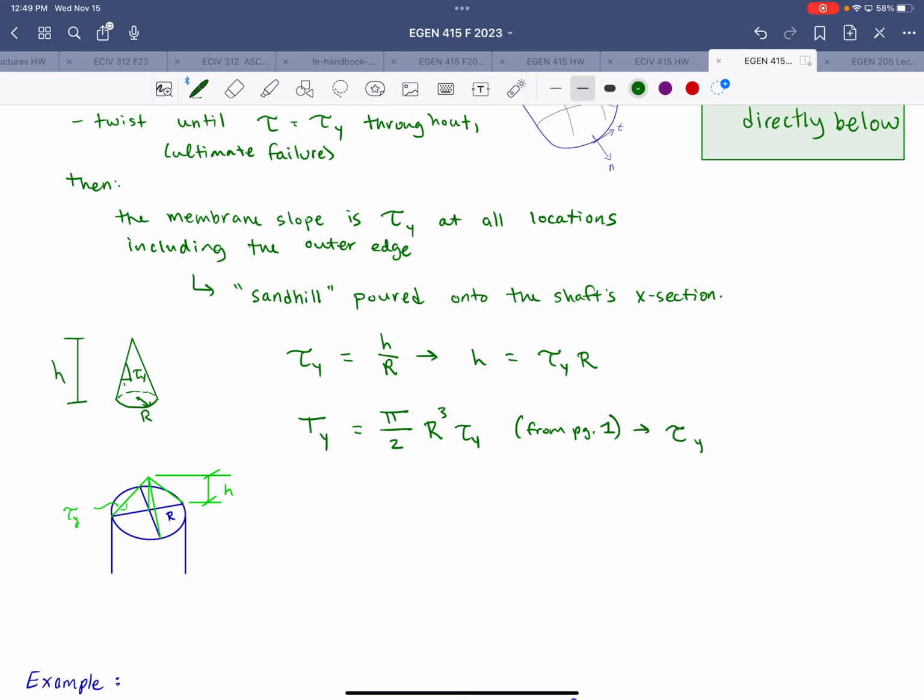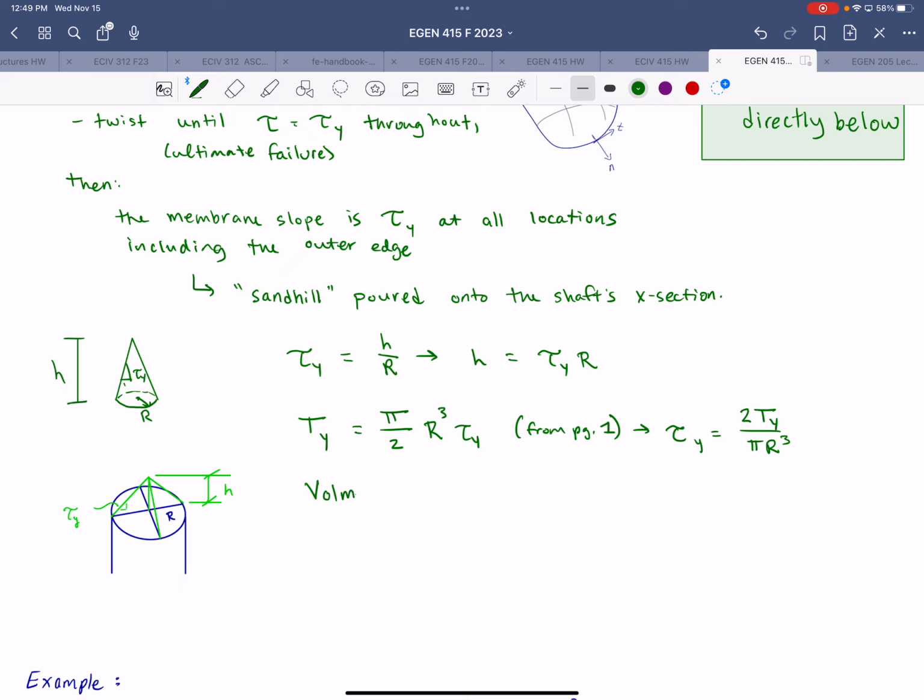So our yield stress is equal to 2 times the yield torque over pi r cubed. So let's check this. What I'm doing right here is using the sandhill analogy with a circular cross-section to verify that it works, since we already derived those results.